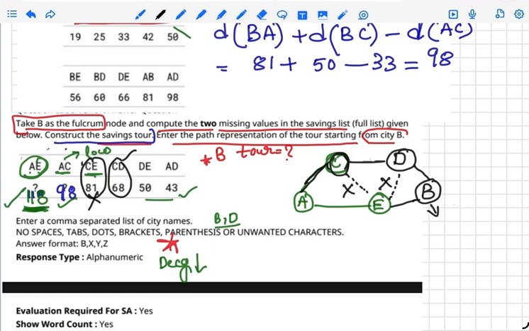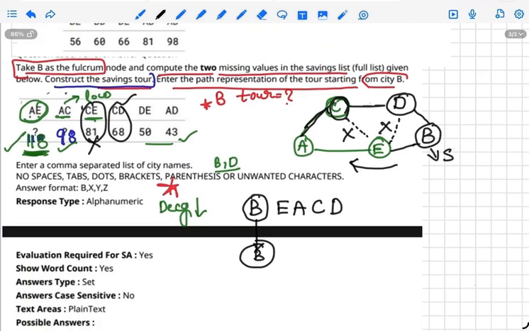So this is the start city. Now write the path representation. Starting with B, you can go clockwise or anti-clockwise. Generally we go clockwise. So that is B, E, A, C and D. This is the representation. Again write B, and again write B in reverse order.